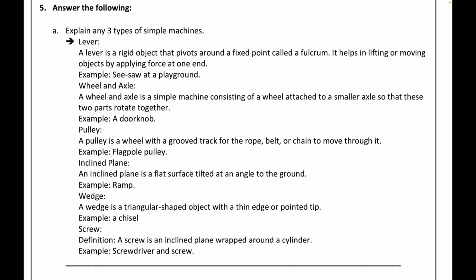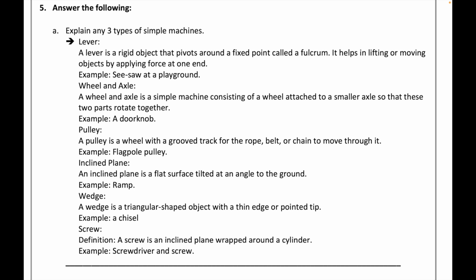Third, pulley. A pulley is a wheel with a grooved track for the rope, belt, or chain to move through it. Example, flagpole pulley. Next is inclined plane. An inclined plane is a flat surface tilted at an angle to the ground. Example, ramp. Next is wedge.